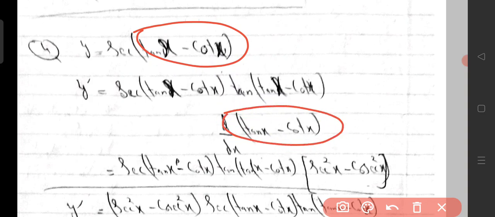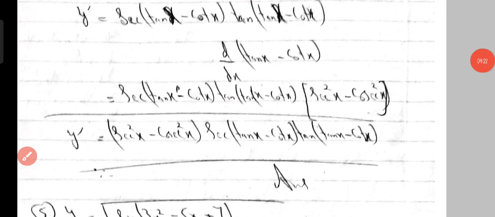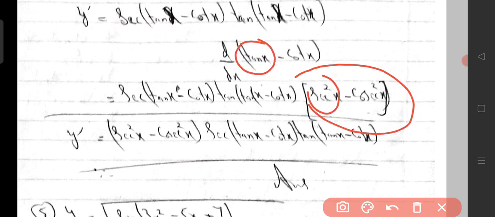So finally the derivative of tan x is sec square x, and the derivative of cot x is minus cosec square. So here it is a minus sign. So correct it. Finally you will get plus and then plus, right? So it's your final answer.